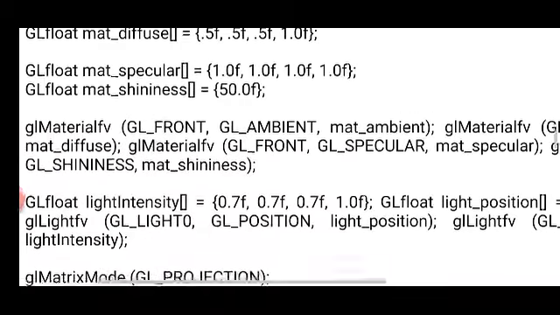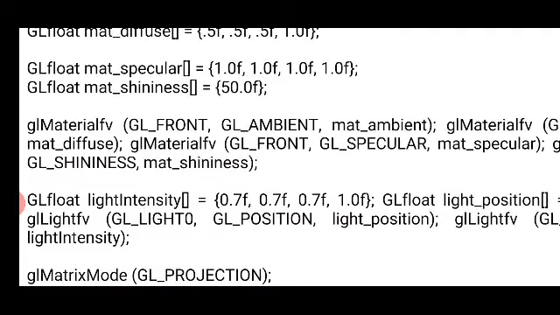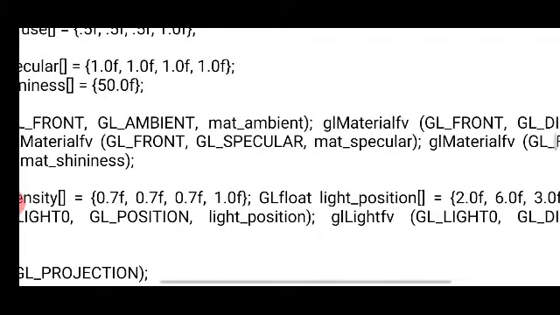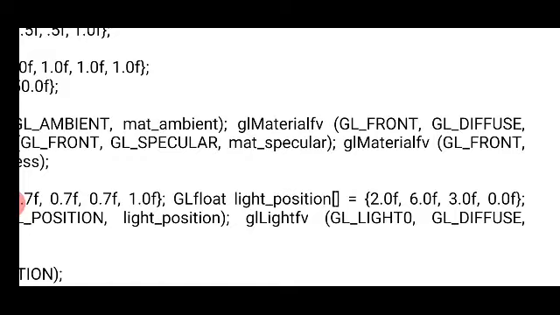Now after that the next thing is to set the light intensity. Here we have set the light intensity as 0.7, 0.7, 0.7 and transparency factor as 1.0, and the light position is going to be placed at this particular position 2.0, 6.0, 3.0, and the last parameter is set to 0.